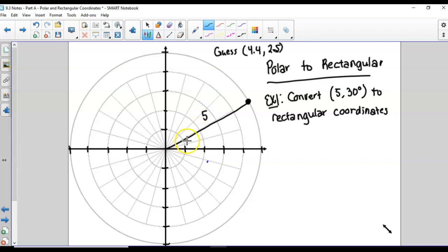And I also know that this angle right here is 30 degrees. So I could make myself a right triangle right here. If I make that right triangle, this right here would be my x coordinate, and this vertical part would be my y coordinate.